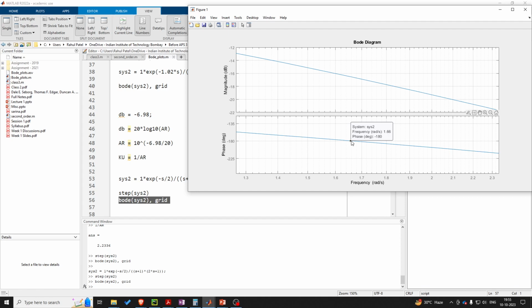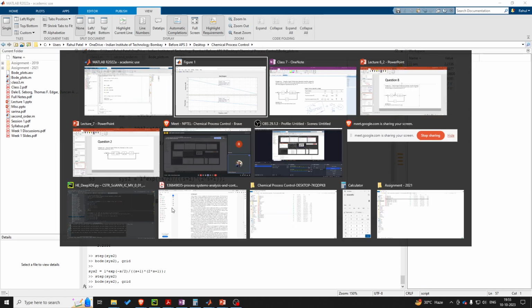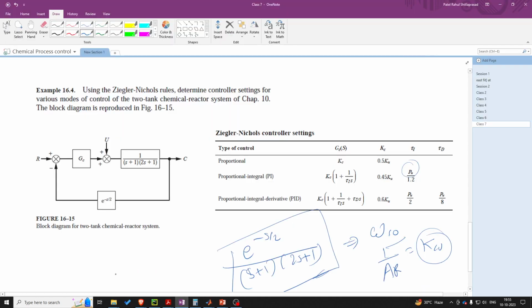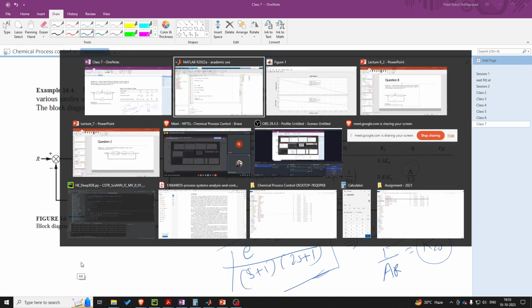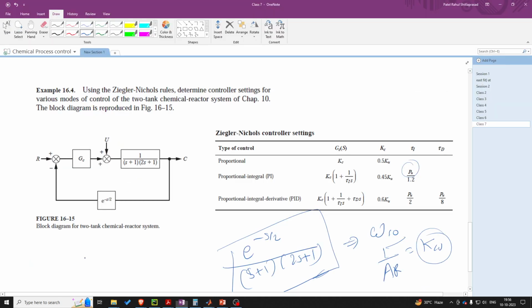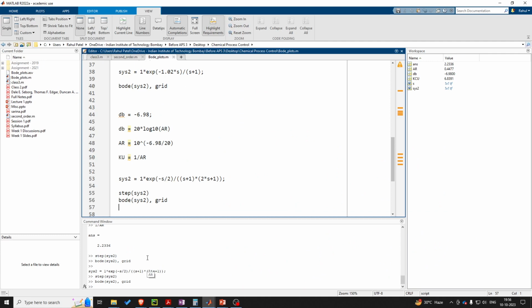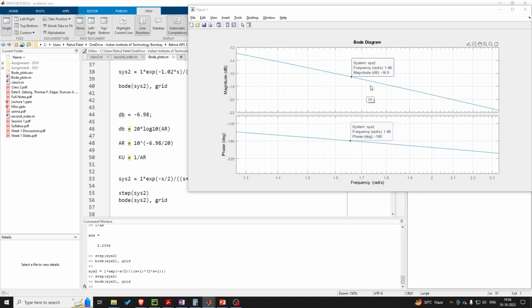That is, omega c0 is 1.66, and corresponding to that the amplitude ratio, not amplitude ratio, the decibels comes around minus 16.5.